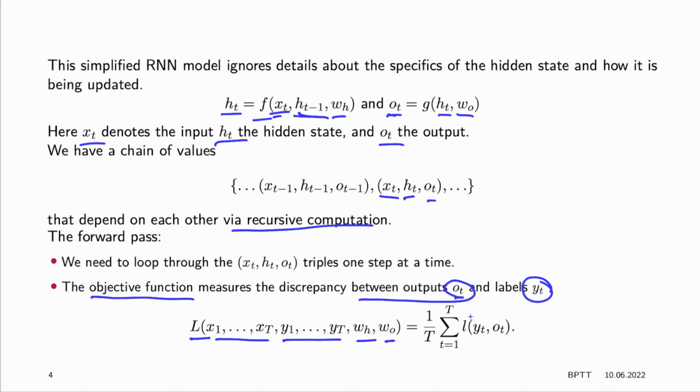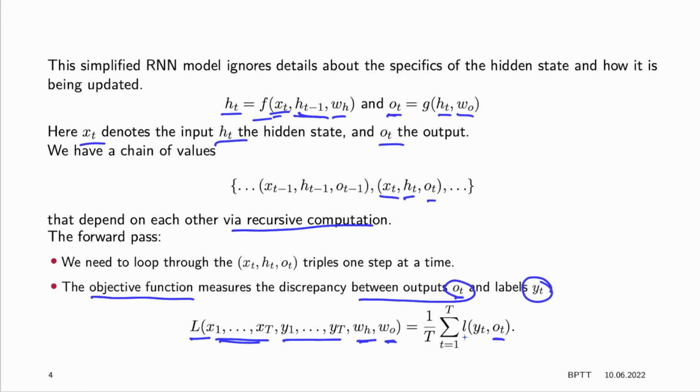Then it uses the neural network, so our functions f and g, to compute all the outputs given our inputs and our weights, one output at a time, and then the next one depending on the last hidden state.